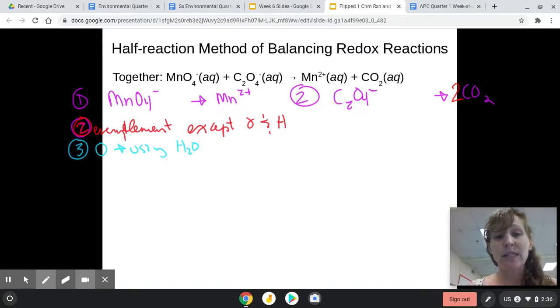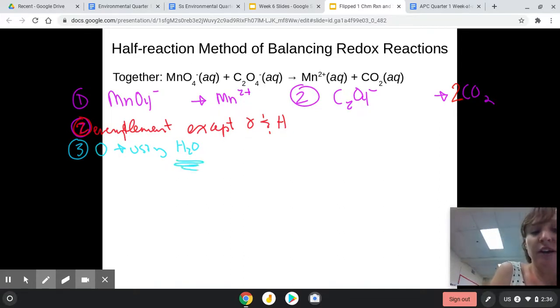The second reason we're going to balance oxygen first is notice water involves hydrogen. So we don't want to balance hydrogen and then add water and screw up our hydrogen again. So we're going to do oxygen first, so that we can then correct hydrogen after that. I have 4 oxygens on this first side.